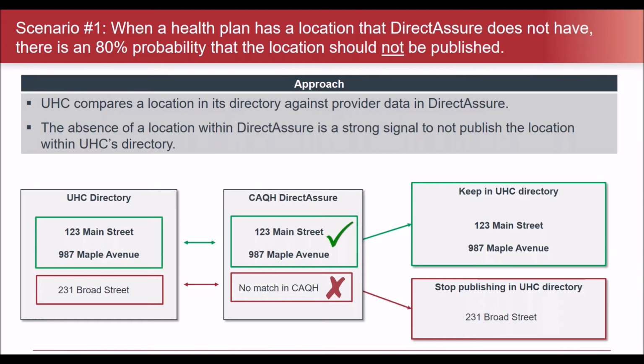Now they're not deleting it completely; they're just making it invisible within the directory. It's still within their claims system, so if claims are being submitted, those will be paid. So that alleviates a lot of the concern on the provider side. And if the provider changes their location and comes back there, they can always bring it back as United Healthcare has good signals for that.